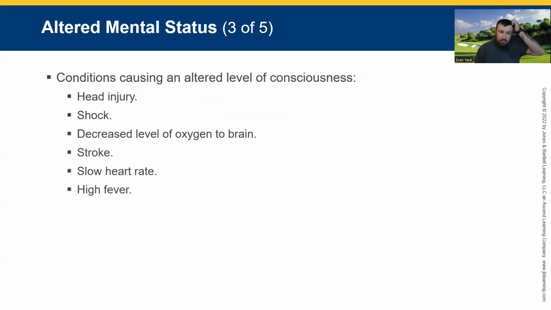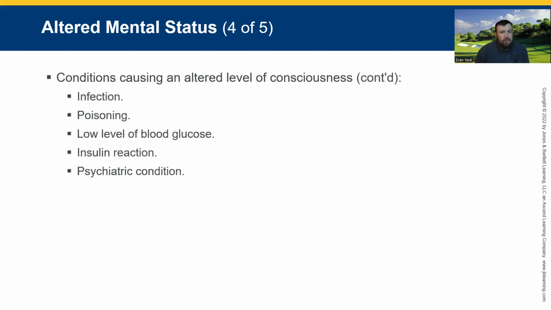Conditions causing this altered mental status: we've got head injury, shock, decreased level of oxygen to the brain, stroke, slow heart rate, and high fever. We also have infection, poisoning, low levels of blood glucose, insulin reaction, and psychiatric conditions.